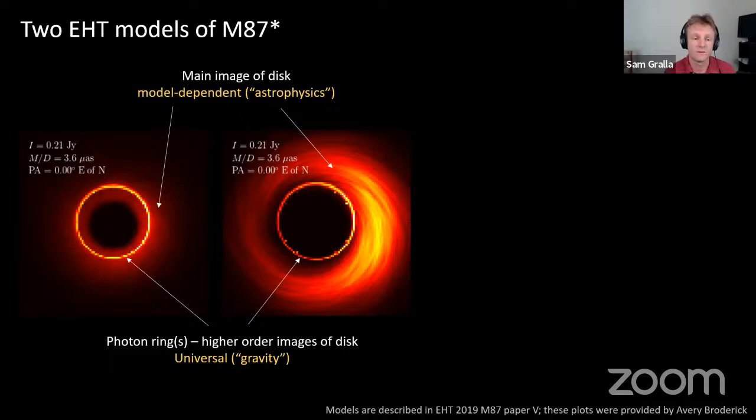That really is probing the gravity, if you like, and not the detailed assumptions you make about the plasma that's emitting and so on. So probably for this crowd, the photon ring is really the super interesting thing, and maybe you're less interested in the details of the main emission.